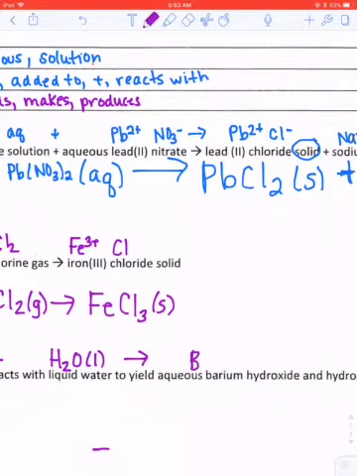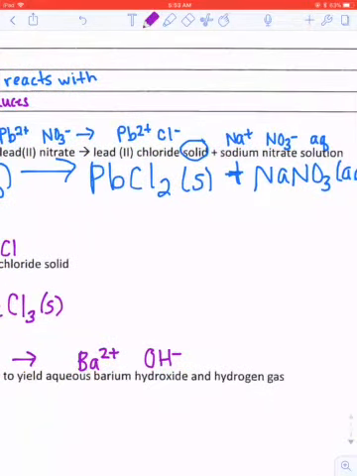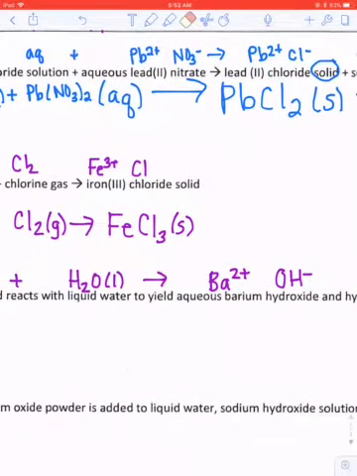Here's an ion: if you look at your ion charts, it's Ba2 plus, and barium hydroxide is Ba with OH minus, and then hydrogen gas, that's one of our Hofbrinkels, so that's H2.